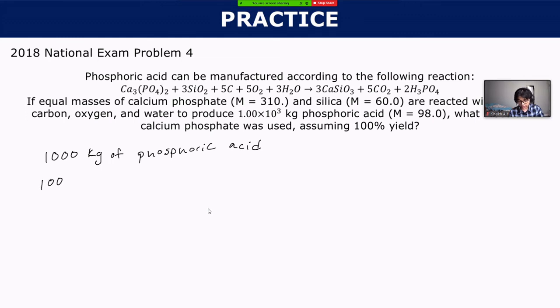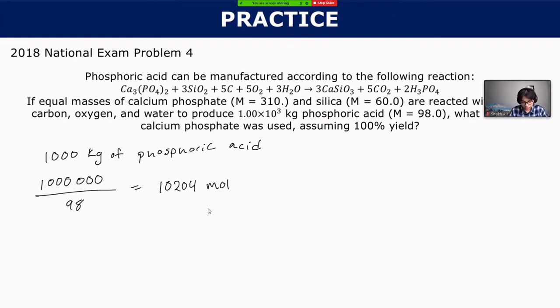So 1,000 kilograms is going to be 1,000,000 grams. And if we divide by the molar mass, we're going to get that we have 10,204 moles of phosphoric acid.